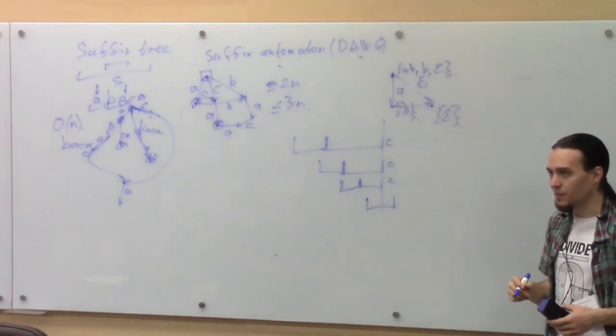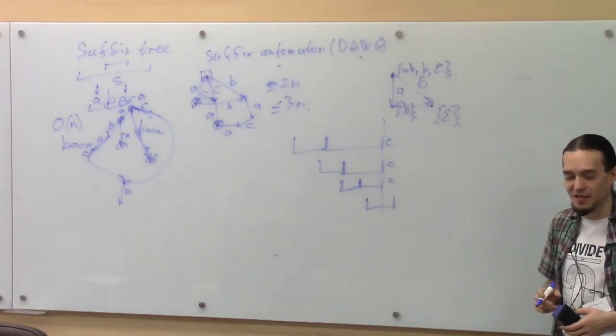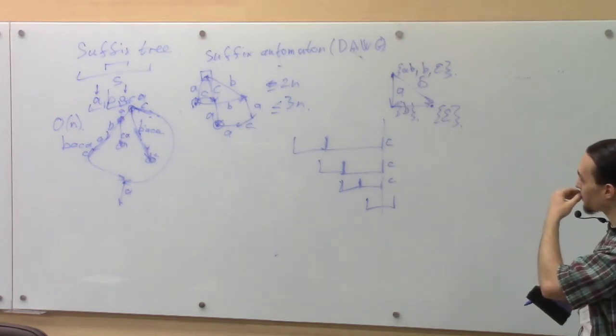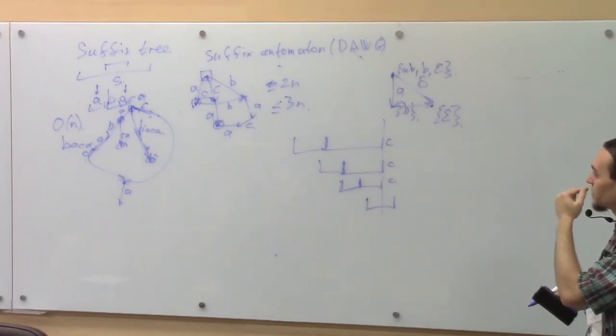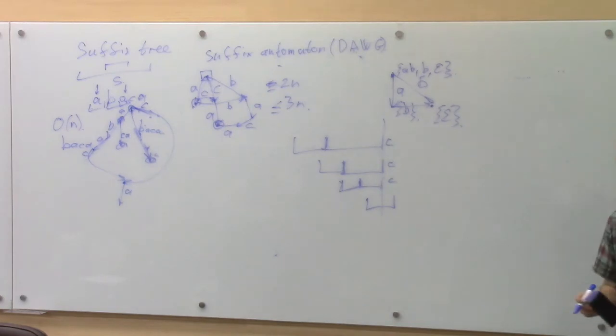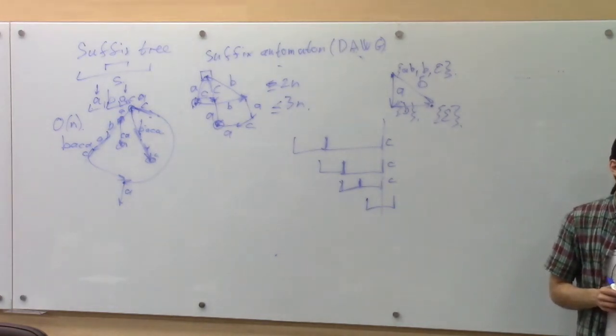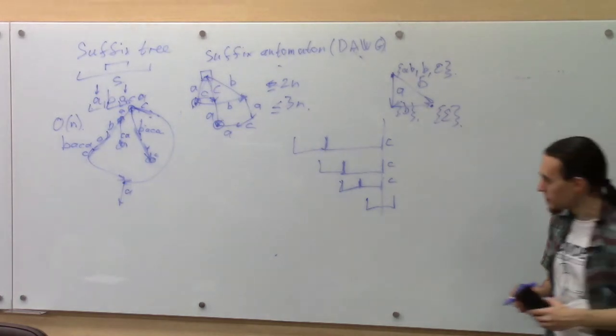The fact is, we didn't see everything yet that happens to the suffix automaton, because let's talk about the strings that lie in the same state. Okay, so the strings that are equivalent.